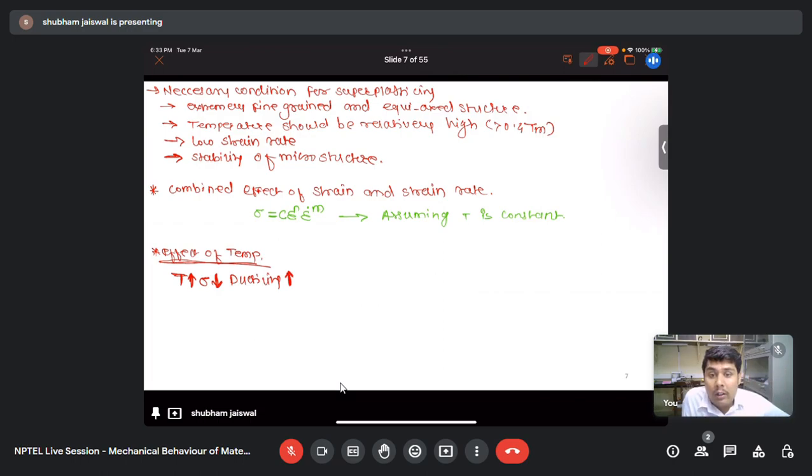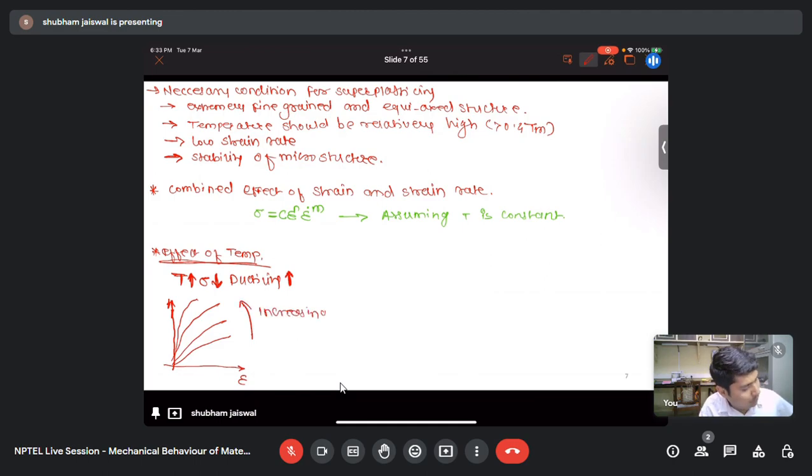So increasing strain rate has the same effect as decreasing temperature. So let's say this is my epsilon and this is my sigma. So this is increasing strain rate or decreasing temperature.